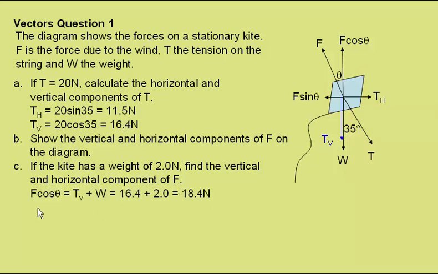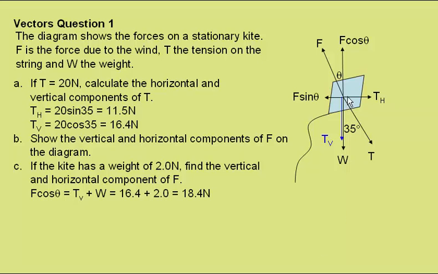So we can write F cos theta is equal to T sub v plus W, where T sub v we found here at 16.4 newtons, so I've put that here, and the weight we're given at 2.0 newtons, giving F cos theta equal to 18.4 newtons.